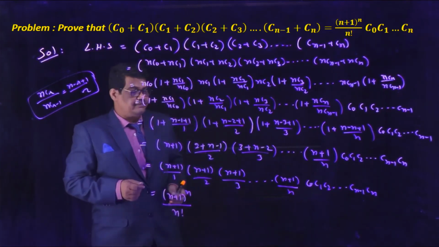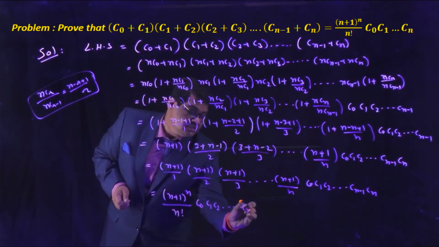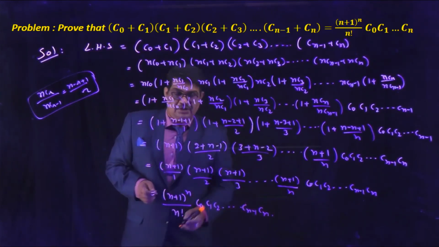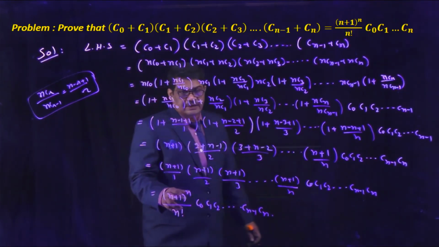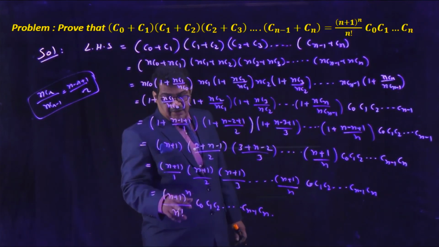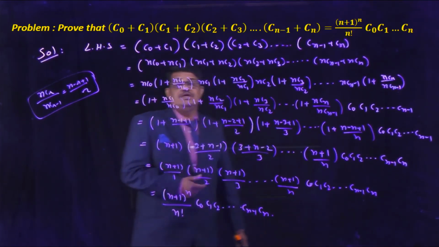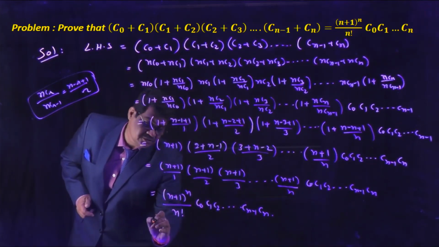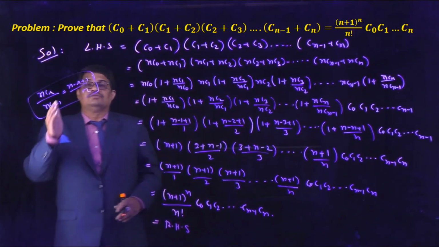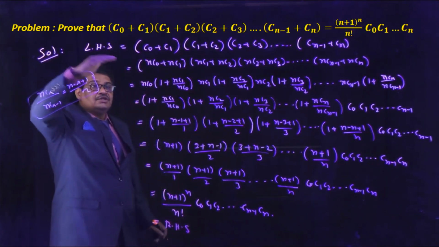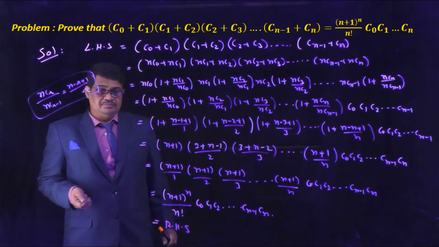In the remaining terms, C0, C1, C2 and so on, Cn−1 into Cn. So we are getting (n + 1)^n / n! into C0, C1, C2 and so on, Cn. That is the RHS of our result. So we took the LHS and we got the RHS. This is proved.